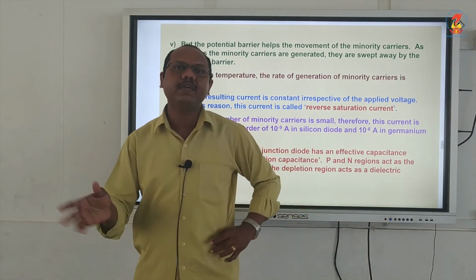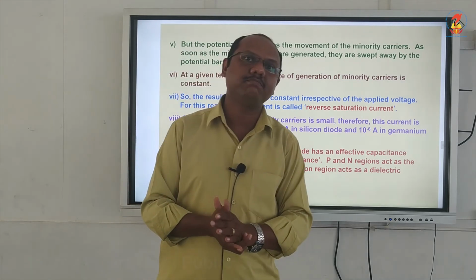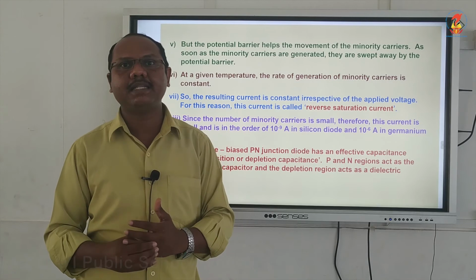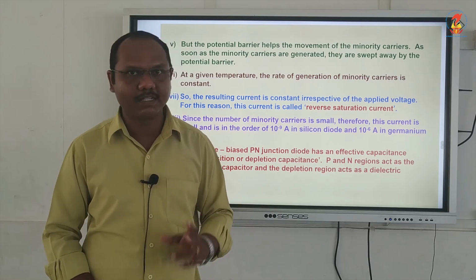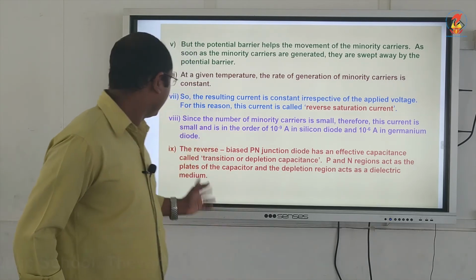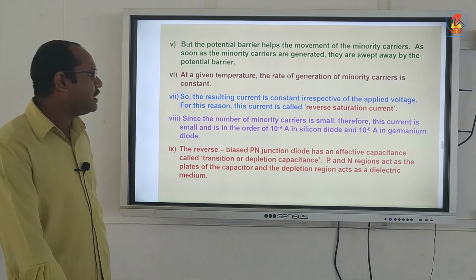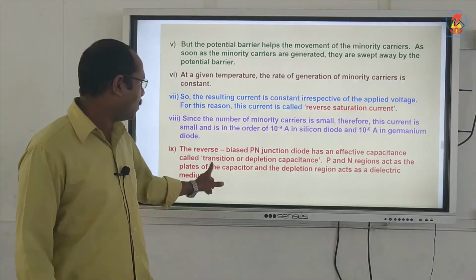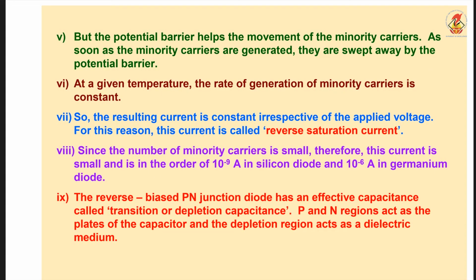So we can just say the diode will conduct only when it is forward biased and does not conduct when it is reverse biased. Okay. Now, the reverse biased PN junction diode has an effective capacitance called transition or depletion capacitance. The P and N regions act as the plates of the capacitor and the depletion region acts as the dielectric medium.